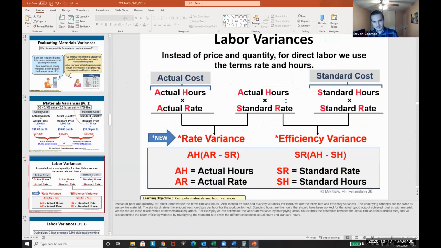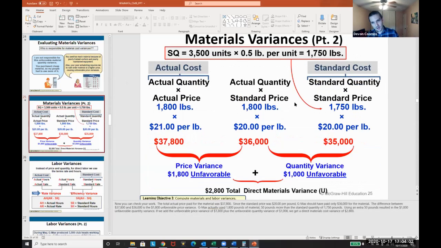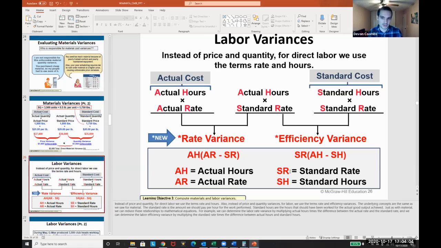It doesn't change anything. We just call this an efficiency variance rather than a quantity variance, and a rate variance rather than a price variance. Rate and price sound exactly the same, and efficiency and quantity are very similar, right? Just know the new terms, but I'm not going to spend a lot of time here because it's the exact same format as material variances.